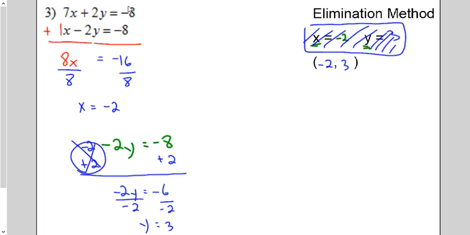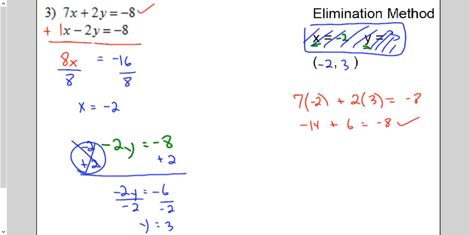Now, I understand your concern is, well, how do I know if it's right? Well, if you take both of your equations and you plug in your x and y values, if it makes a true statement, negative 14 plus 6, that really does equal negative 8.